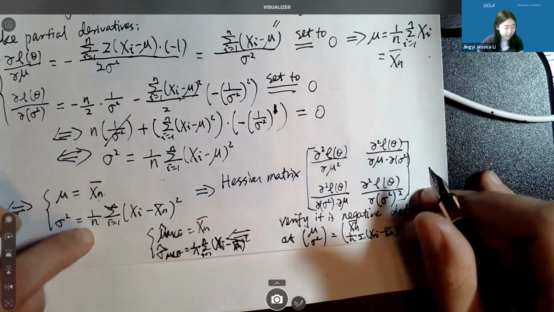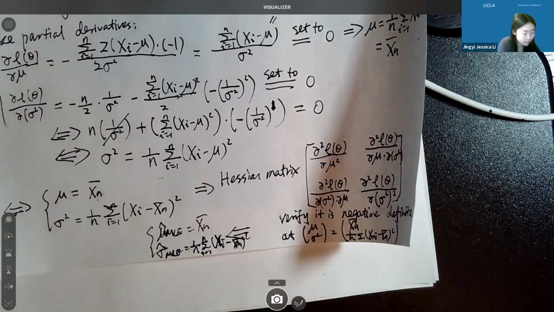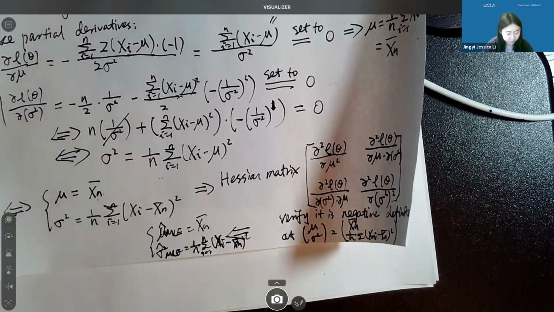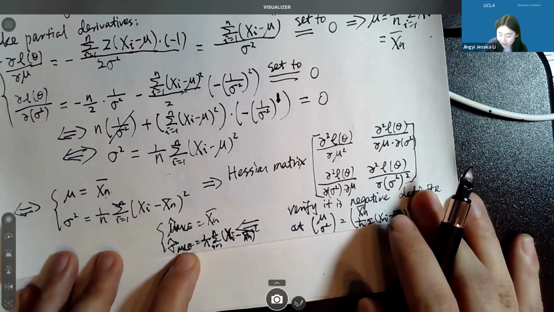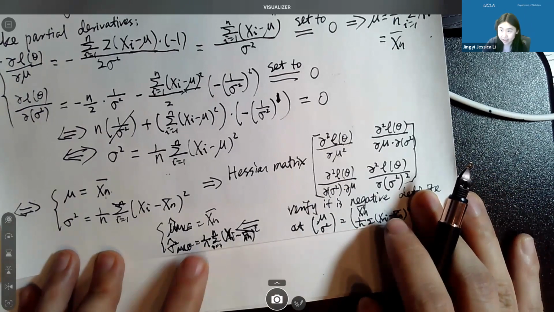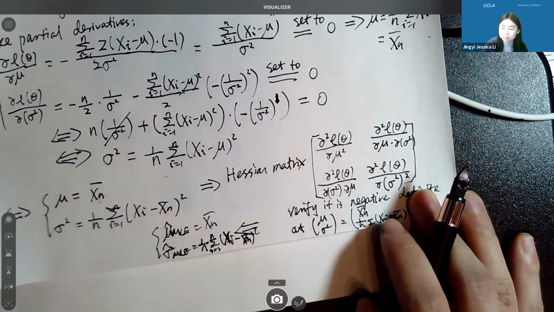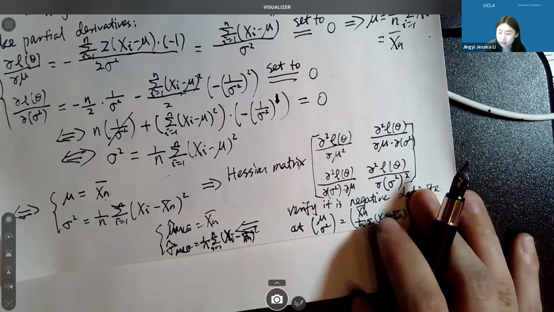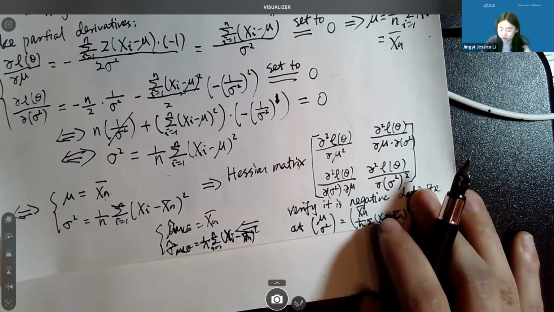Okay, so one thing you may notice now is that the MLE estimator we found for the normal distribution variance parameter, this one, has n in the denominator instead of n minus 1. Did you notice that? So this is the MLE we obtained, but it's not the unbiased estimator we are familiar with, which we learned last time.